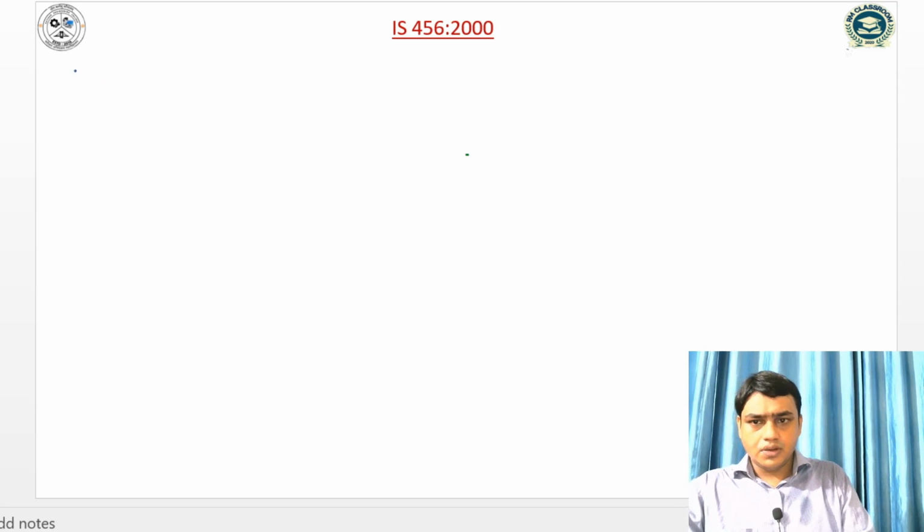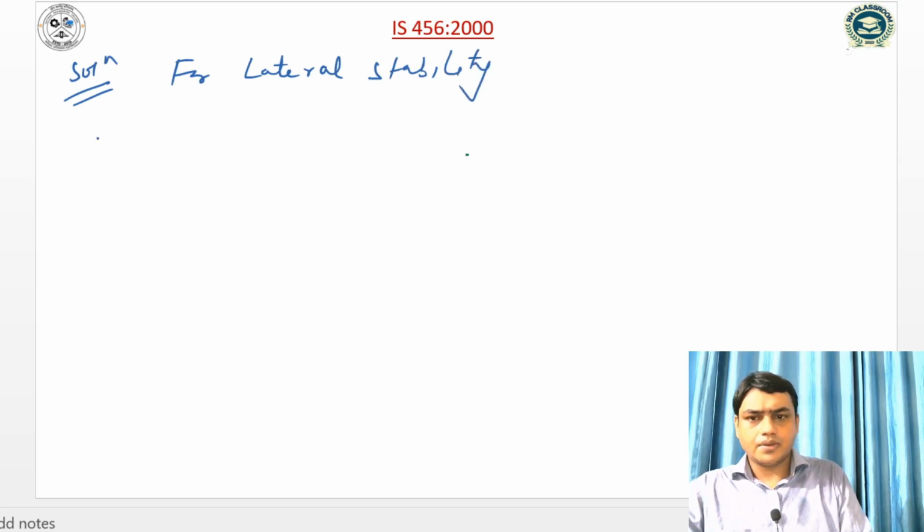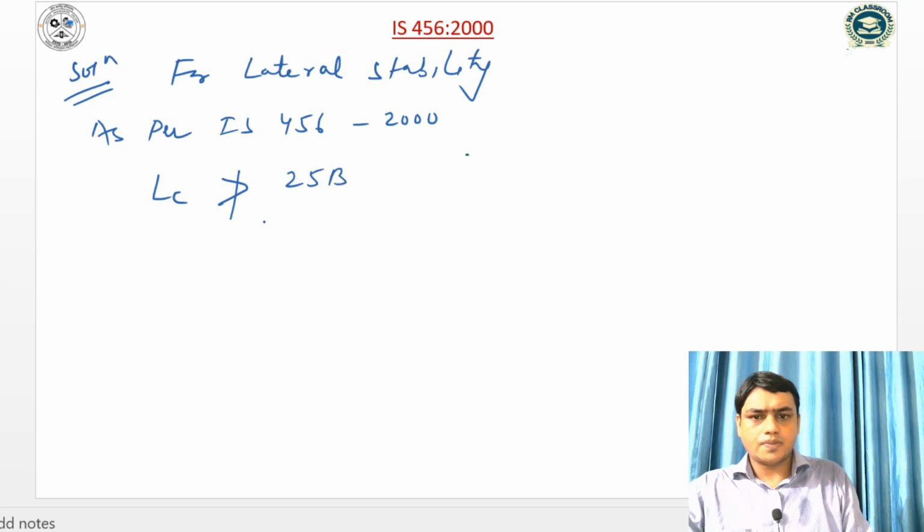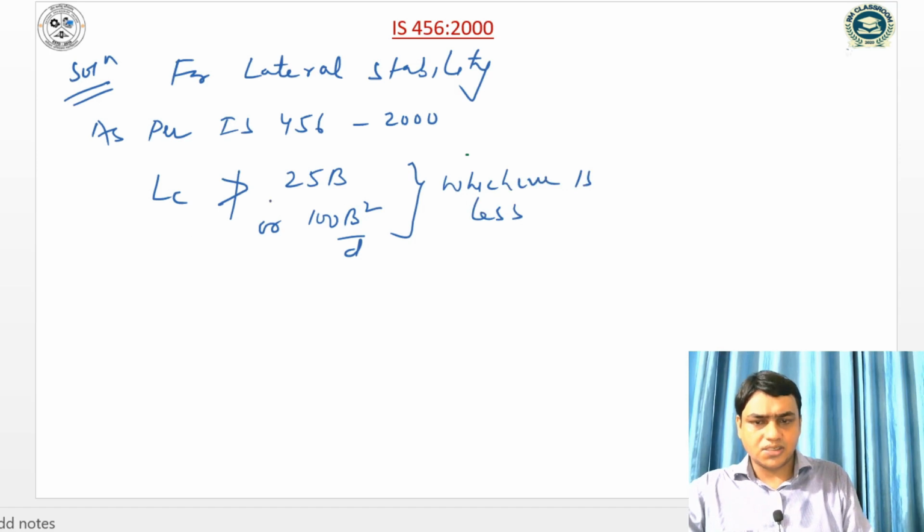So for the lateral stability, the code suggests that as per IS 456:2000, clear span should not be greater than 25B or 100B square by D, whichever is less, and this clear span is effective for the cantilever beam.